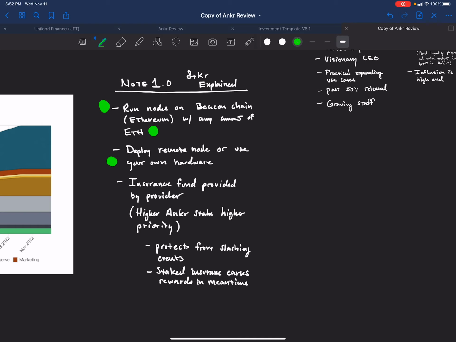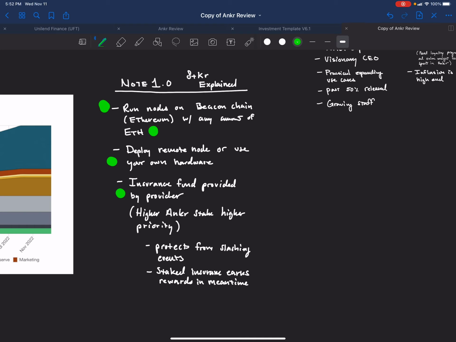You'll be able to deploy a remote node or use your own hardware. So in order to validate onto the Ethereum beacon chain, you can deploy your own software or you can use a server somewhere else. And to do that, ANKR will provide that ability.